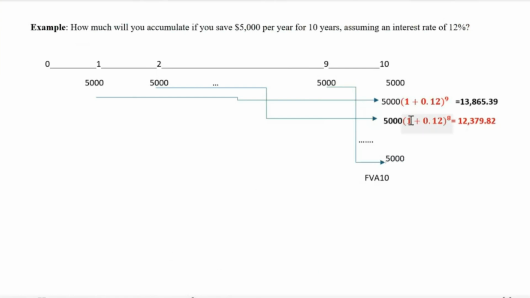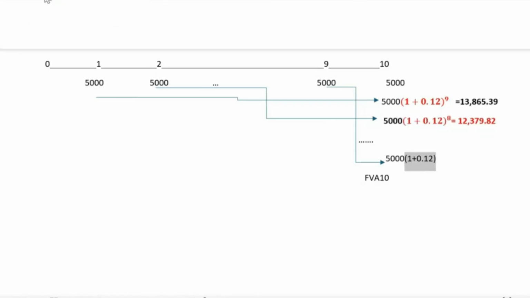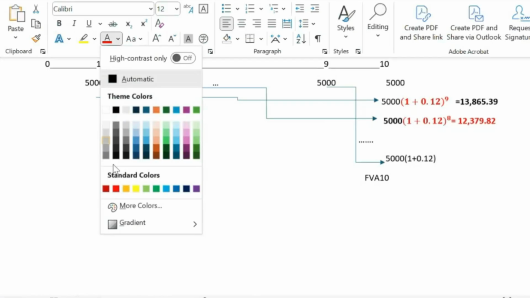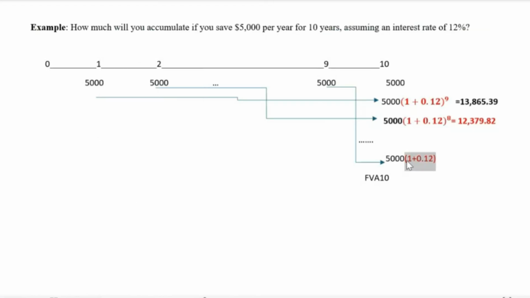So the interest factor is 1 plus 0.12. To keep it consistent, I also want to highlight with red.